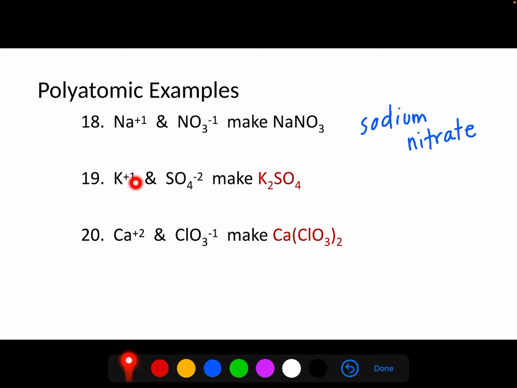The next one is potassium, which has a +1 charge, and this is sulfate with a -2 charge. Now, the only reason that I know this offhand is because I have these memorized and have for a really long time. You don't yet, so you're going to need to use the back of your periodic table. And this last one is calcium and ClO3.